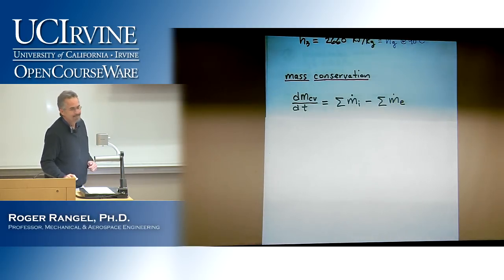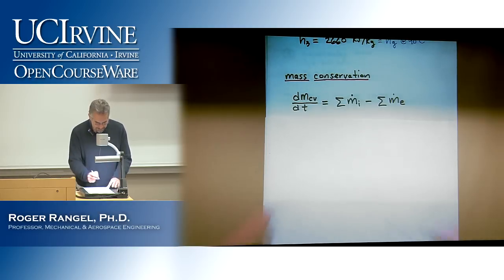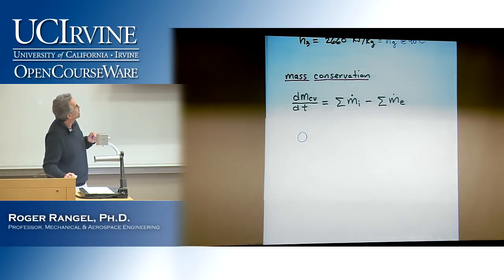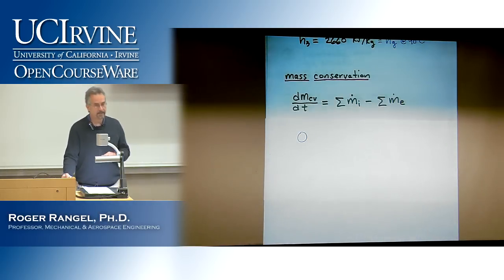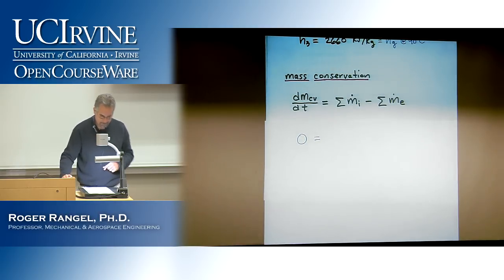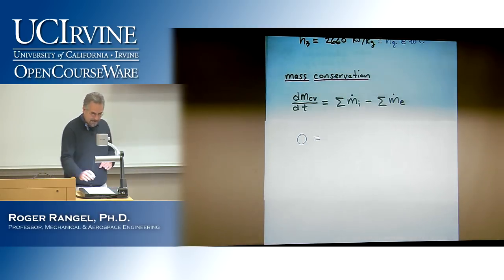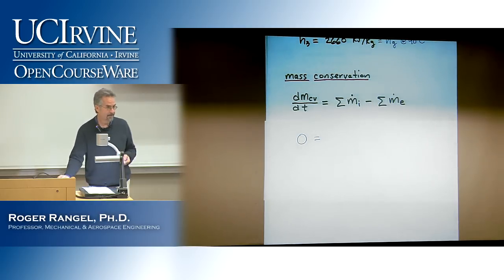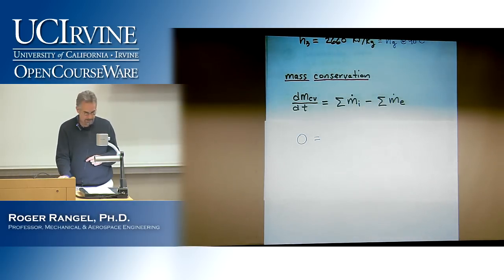The left-hand side equals 0, all right? So I can cross out the left-hand side because I'm looking at this mixing tank in steady state. So big 0 on the left-hand side, no changes in time. And then what about the right-hand side? Notice that it says the sum of all mass flow rates in. So I need to consider all of the mass flow rates in.